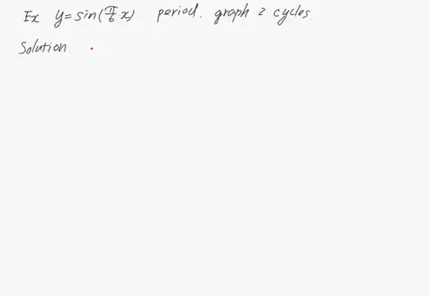So first, the period p is equal to 2 pi divided by the coefficient of this x. So that is pi over 6. Right? And to simplify this complex fraction, we multiply both numerator and denominator by 6, so that the 6 and the 6 cancel.